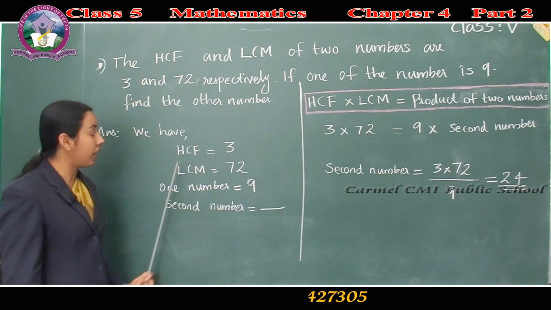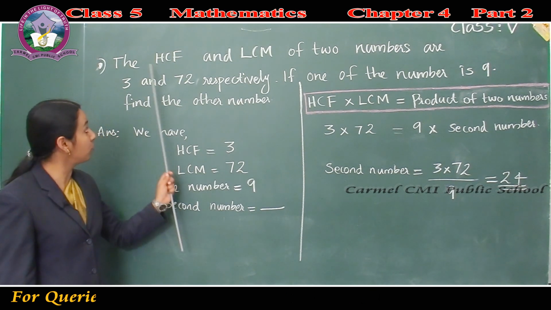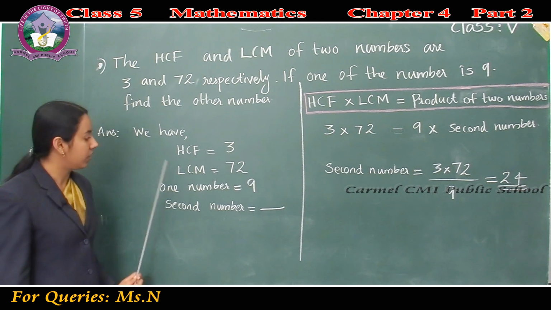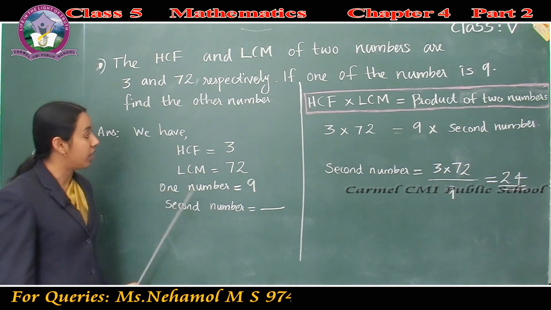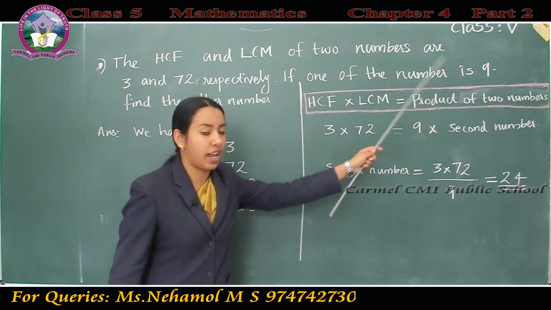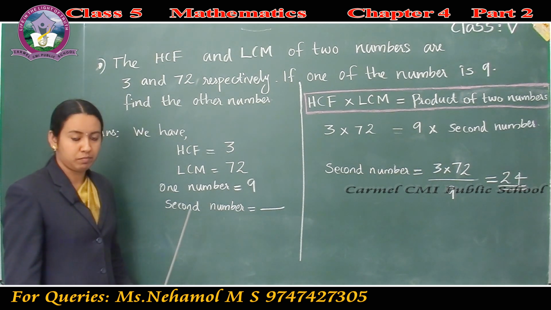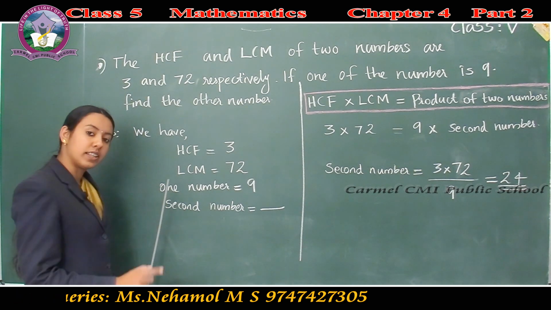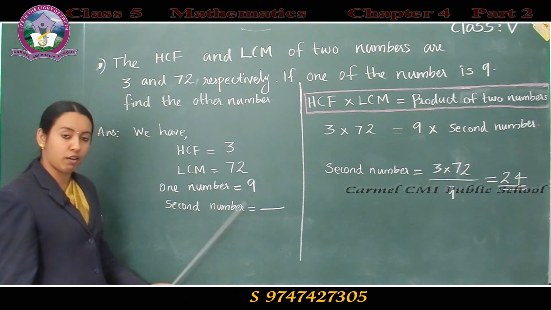First we have to write the given data. We have HCF is equal to 3, it is given. Then LCM is equal to 72, it is also given. Then one number is 9, also given. Then we have to find the second number. Second number is equal to dash. We have to find it.